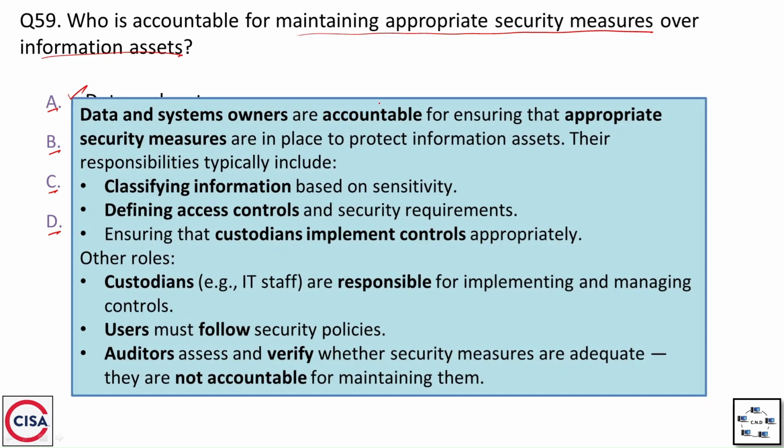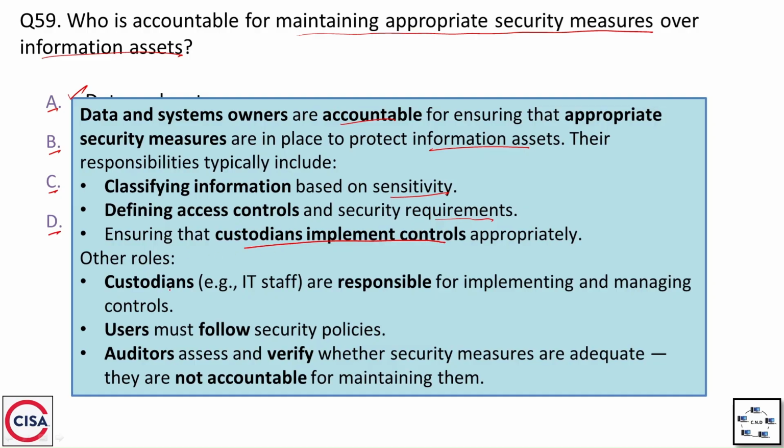Data and system owners are accountable for ensuring that appropriate security measures are in place to protect information assets. Their responsibilities typically include classifying information based on sensitivity, defining access controls and security requirements, and ensuring that custodians implement controls appropriately.